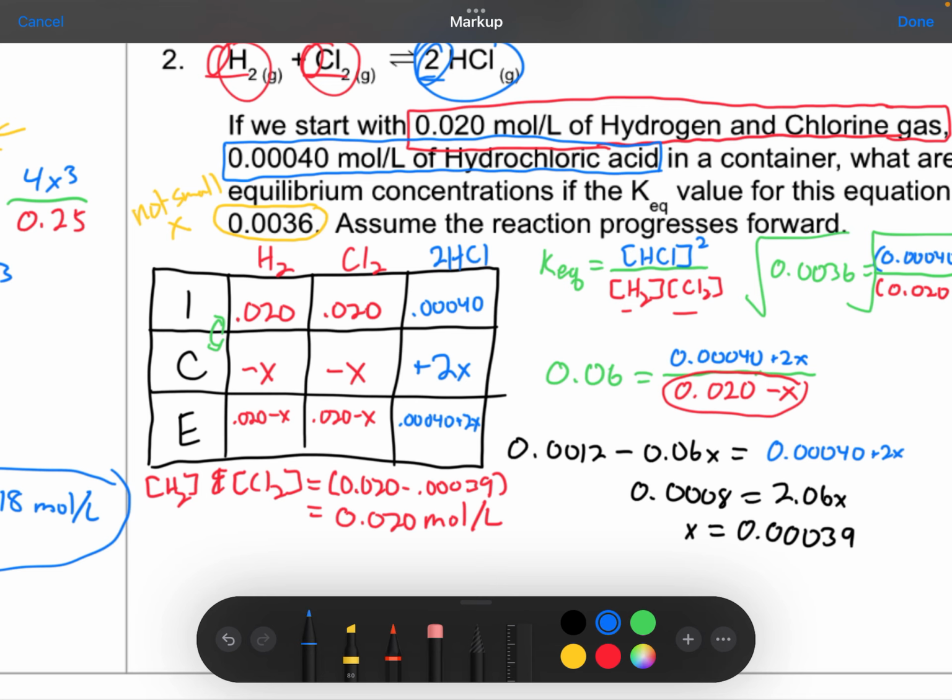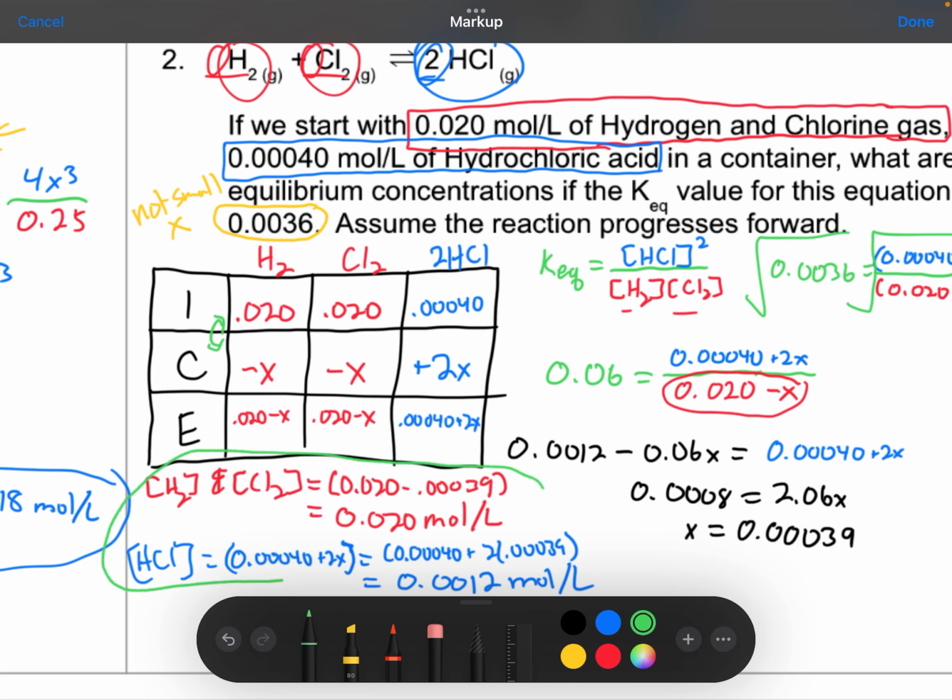Again, it's a concentration. For our product, we know that our HCl concentration was equal to 0.00040 plus 2x, which, subbing in my values, I get 0.00040 plus 2 times 0.00039, and then if I solve that out, I get 0.0012, and again, that is moles per liter.